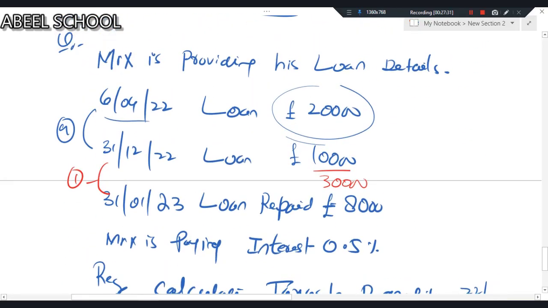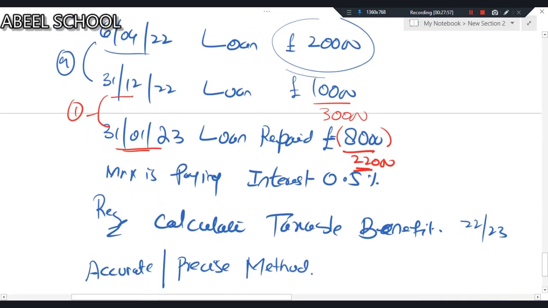Now what happened on January 2023? He repaid 8,000. Earlier the loan was 30,000, but he paid 8,000 back. So the remaining loan is 22,000. And this 22,000 remains 22,000 for the next 2 months, that is February and March, because we are working for the tax year 22-23.